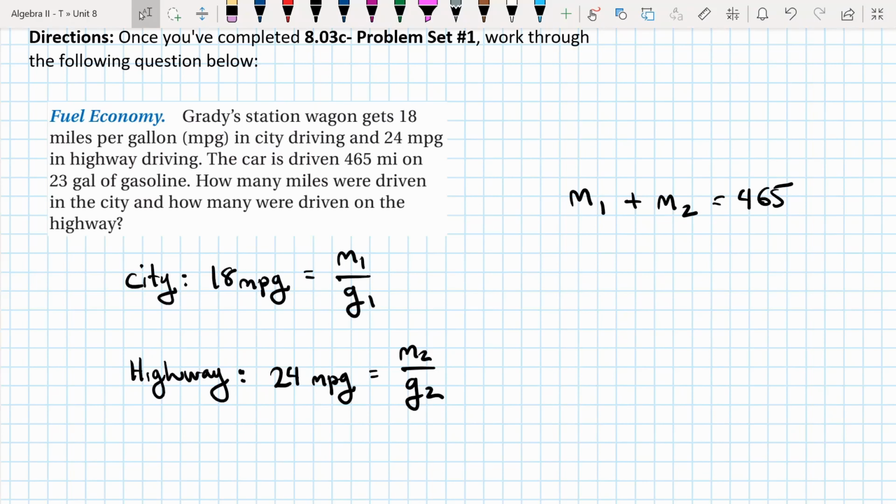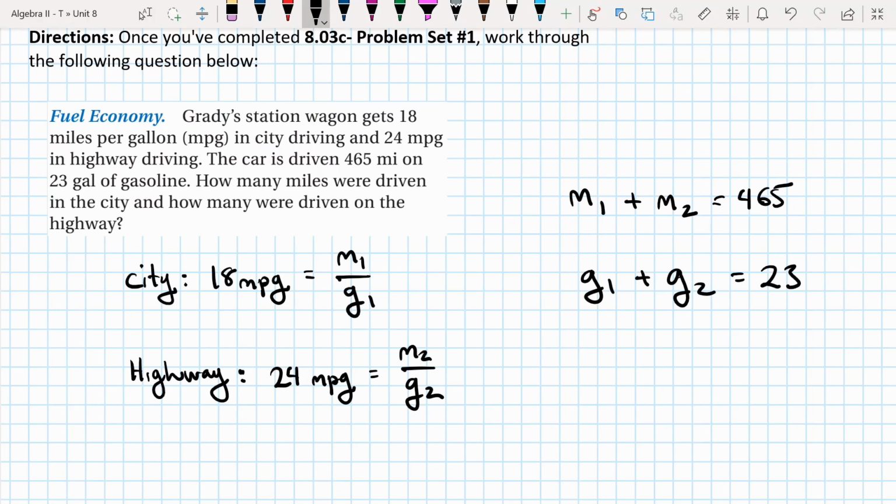We know that the sum of those two values is going to be 465. Secondly, we know that the sum of the amount of gasoline used, we'll call this G1 plus G2, is equal to 23. Okay, but what we want to do is have these two equations represented in terms of the same two variables, in this case M1 and M2.